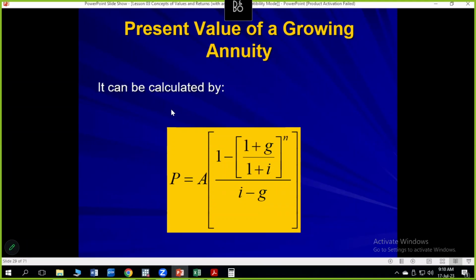Then you want to apply the growth rate in finding these items. There are no readily available factors like the annuity factor, present value factors, future value factors for lump sum and the annuity. This growing annuity is to be calculated by you.